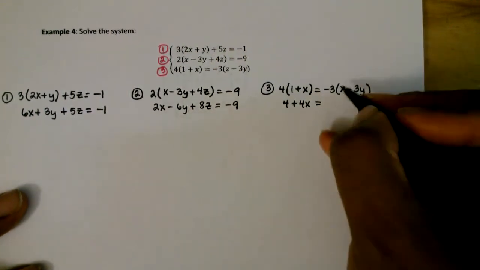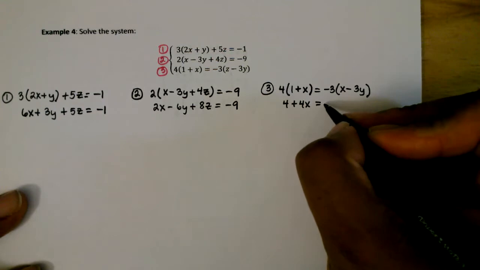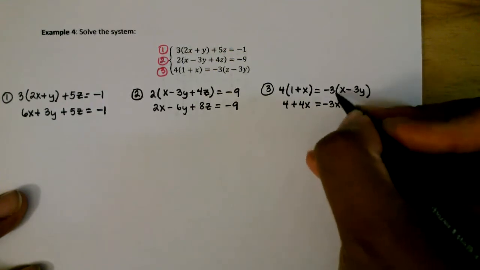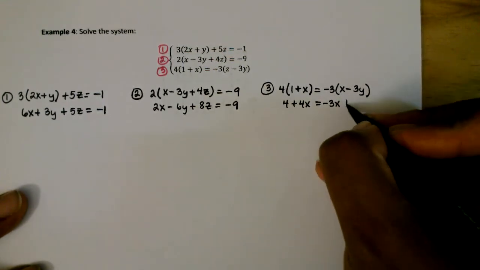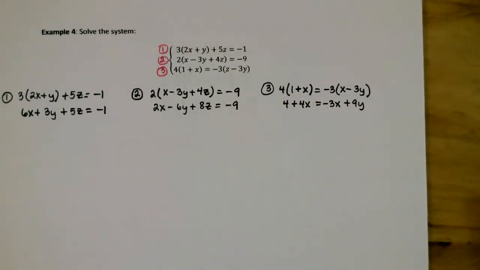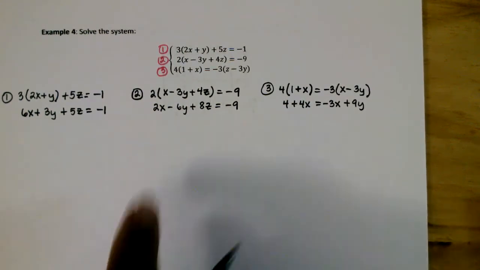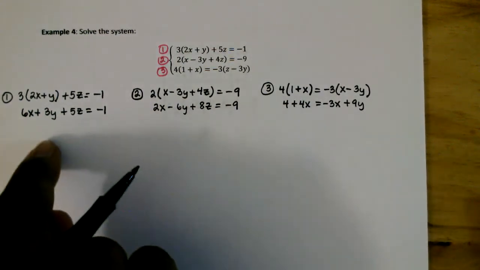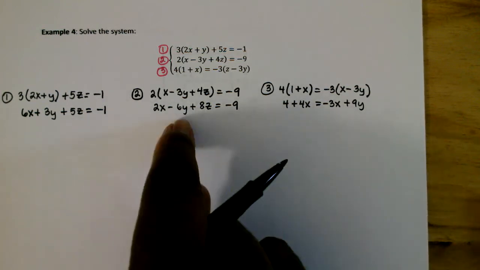That'll be equal to, if I take the -3 multiplied by x, -3x, -3 times a -3y will be a plus 9y. Now we need to move terms in a way so that all of the x, y, and z terms are on the left side and the constant terms on the other side, just like equation 1 and equation 2.